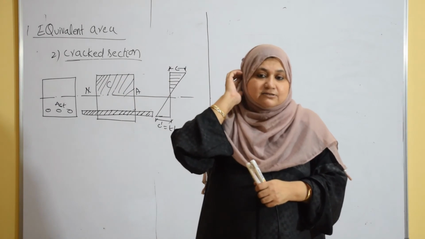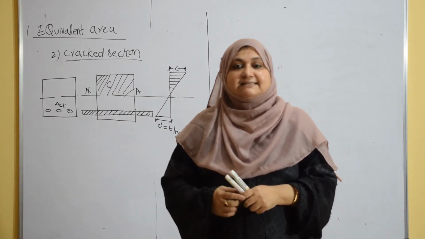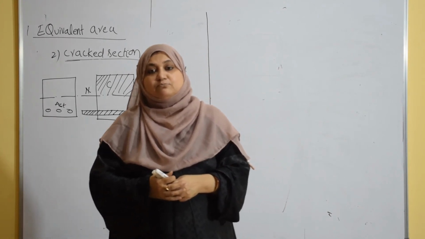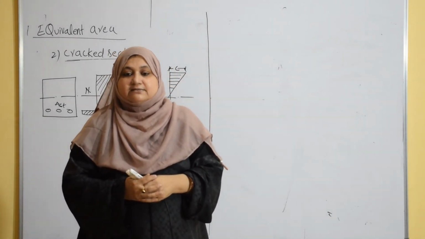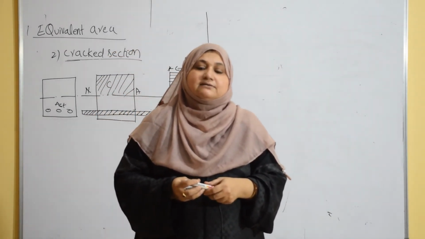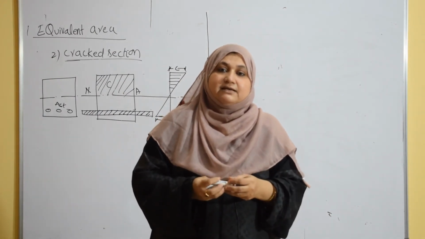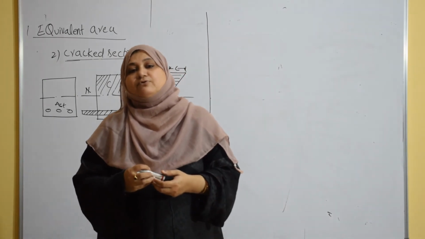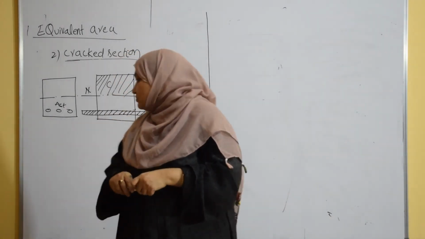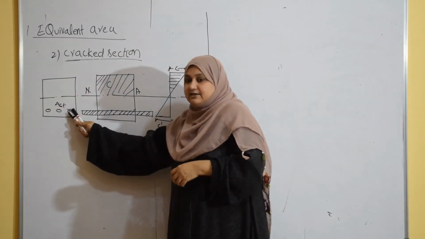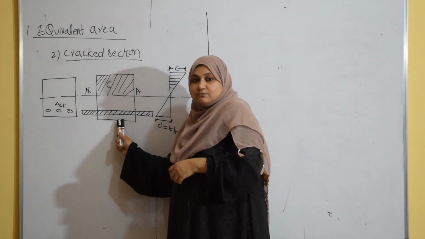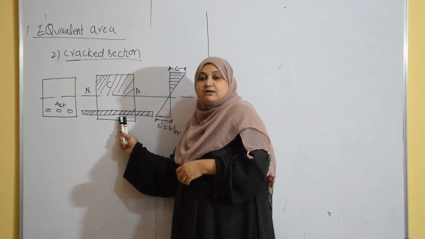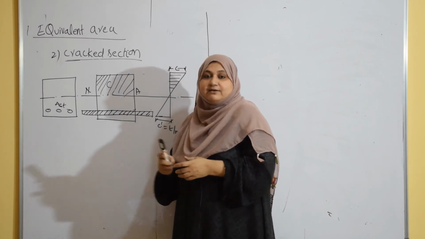When the load is more and the section has become cracked, then we have to see that the load carried by steel is equal to the load carried by the equivalent area of concrete. Because we are converting this steel into concrete, the load carried by the steel will be equal to the load carried by the equivalent concrete.